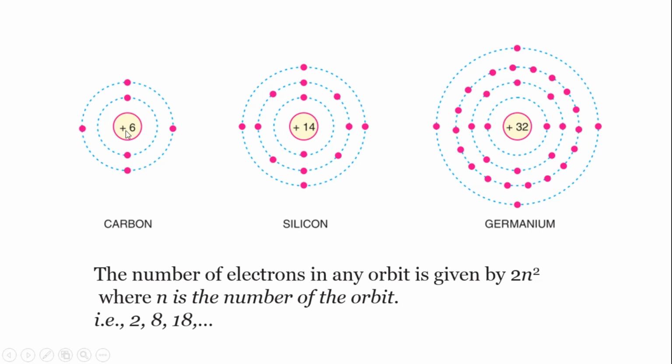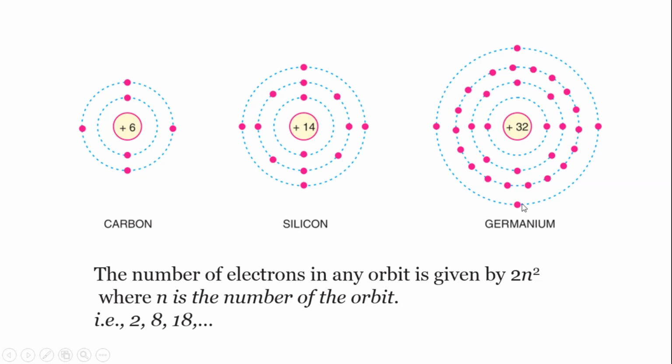Let us take the carbon. The number of protons in the carbon is equal to 6, which is also equal to the number of electrons. So 6, that is 2 plus 4. If you take silicon, the atomic number is 14, and here it is 2 plus 8, 10, plus 4, 14.